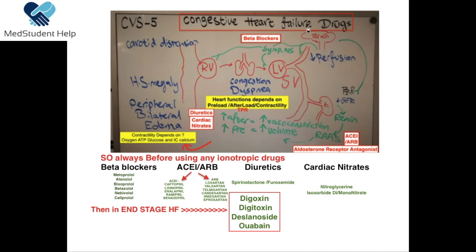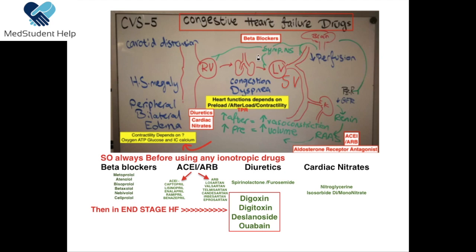Okay, so let's see what the brain would do when the perfusion is decreased. The brain is going to get so upset about the decrease in the perfusion. And when it's upset, it is stressed. So what does a stressed brain mean? It is going to activate the sympathetic nervous system. So the CNS, the central nervous system, is going to lead to the activation of the sympathetic nervous system.